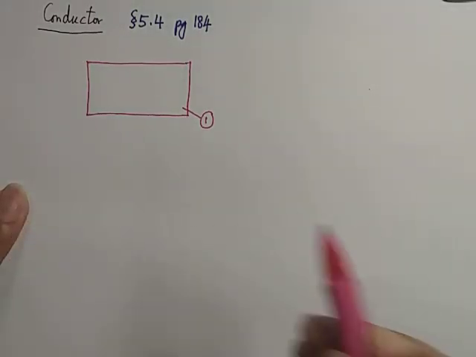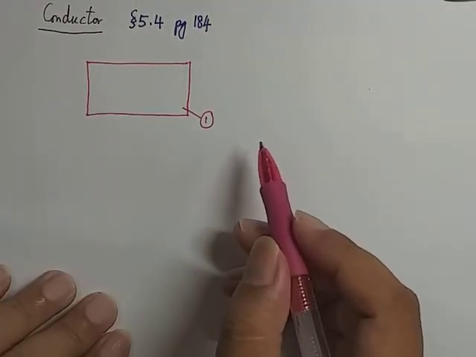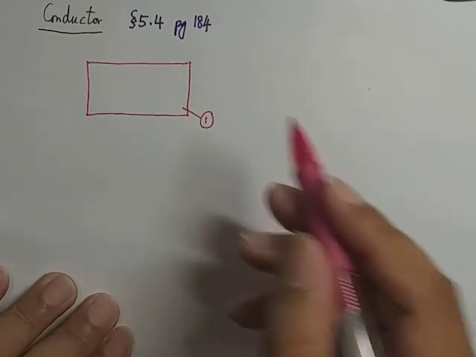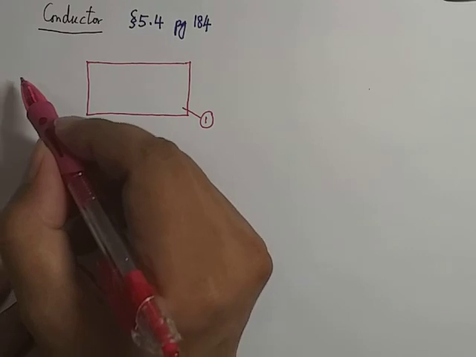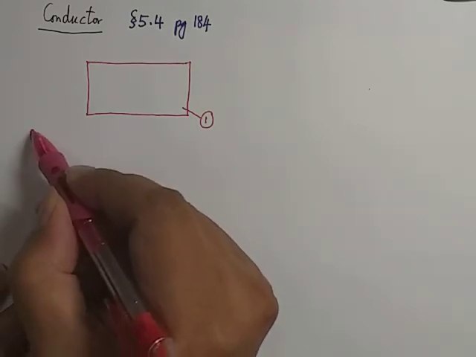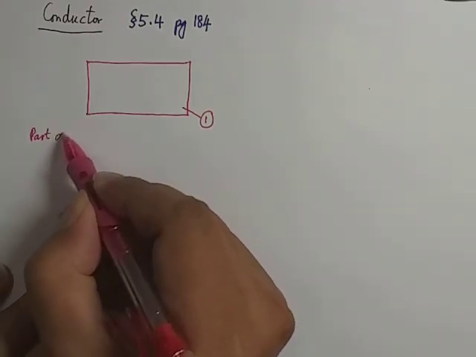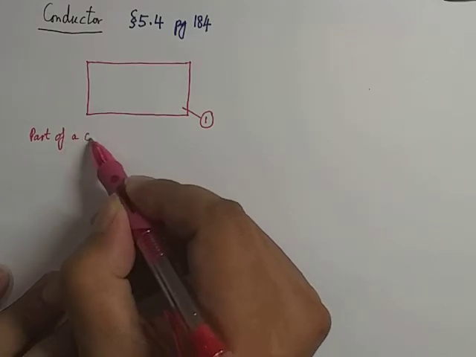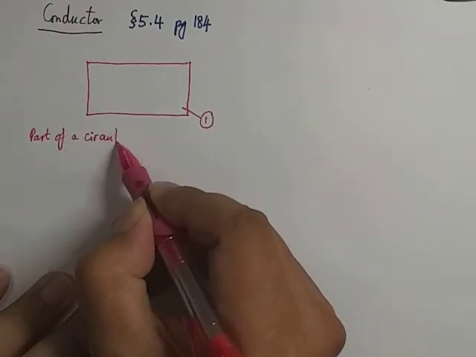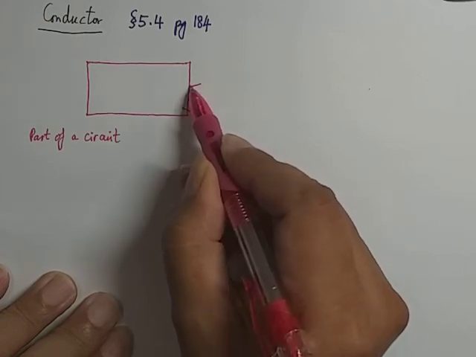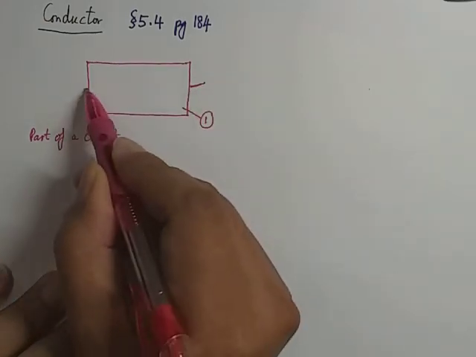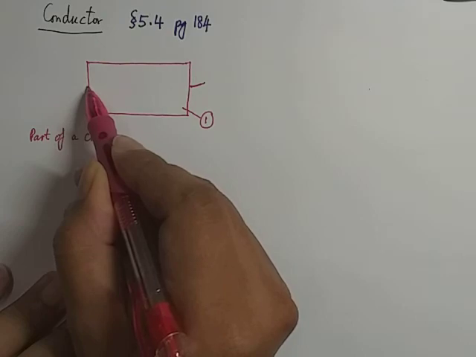And let's imagine this structure is part of a complete circuit. So let's make a note here. What we draw here is part of a circuit. Meaning there's a link from this material to a part of the circuit, and this side of the conductor is also linked to another part of the circuit.